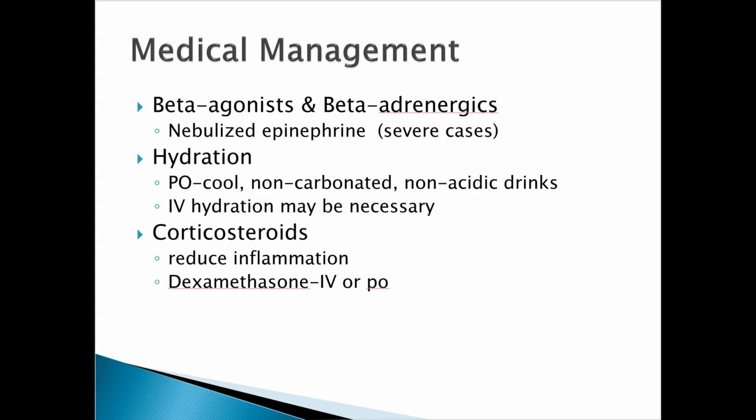A lot of times, when they get those children out into the middle of the night and then they come in and they no longer have that cough, we may just give them a dose of PO dexamethasone or Decadron and watch them for an hour or two, see if they rebound. If they don't, they typically will go home. And that Decadron is only a one-time dose. It takes care of it then.